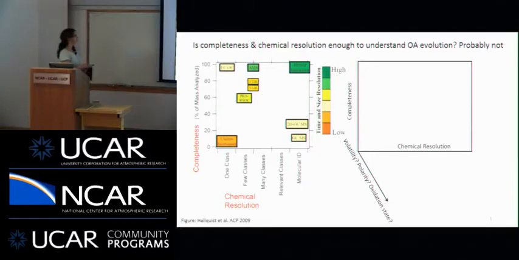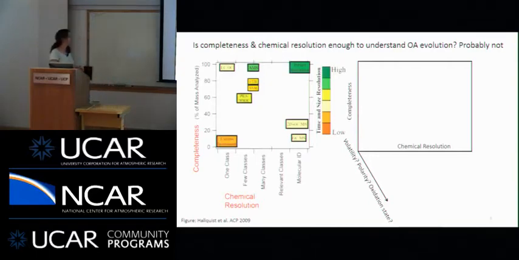And so you could put various instruments that are used in different places along this plot. And I think they've shifted in the last few years. There have been some pretty impressive instrument developments that have changed how well certain instruments work. But I think the real shift in our framework of thinking about measurements over the last few years has been the addition of different axes. And so we're not only after chemical resolution, and we're not only after completeness.